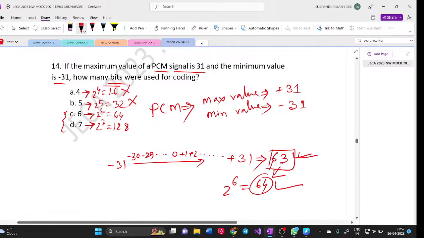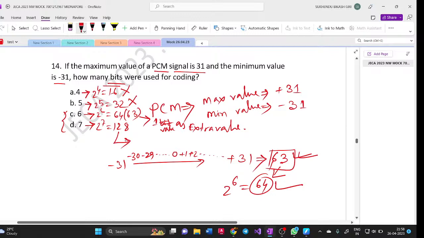If you take option C, you only lose 1 extra value.